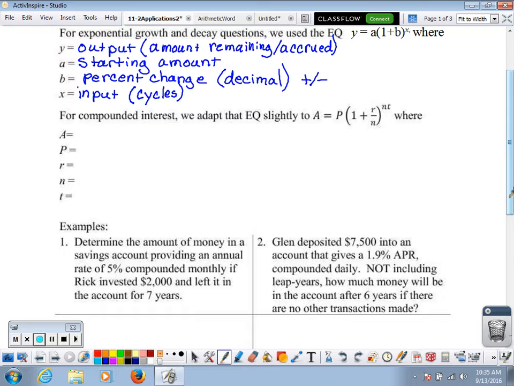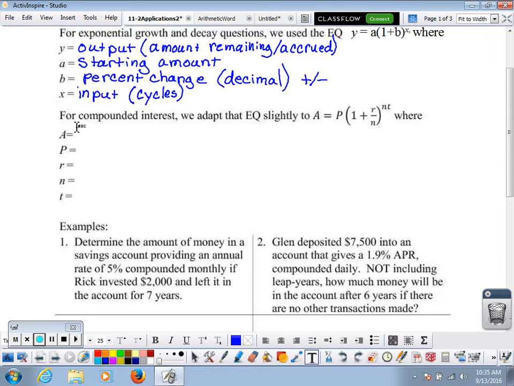A is in the same place as what in the old equation? Y. So we can say it's pretty much the same thing as Y. Now we're talking about money, so we can say that it is the amount in the account at time t.